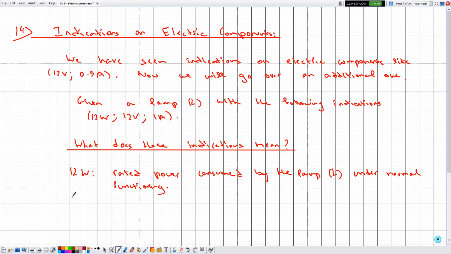Now as for 12 volts, we know that it's given by the rated voltage of the lamp L under which it functions normally.